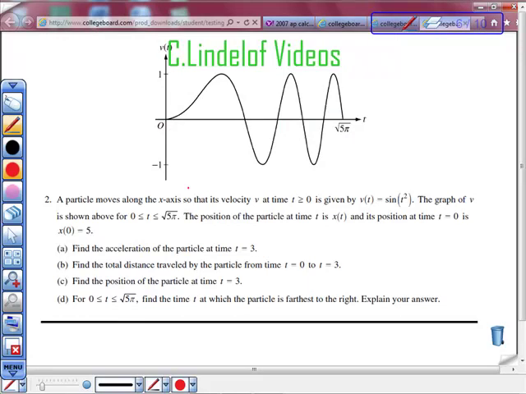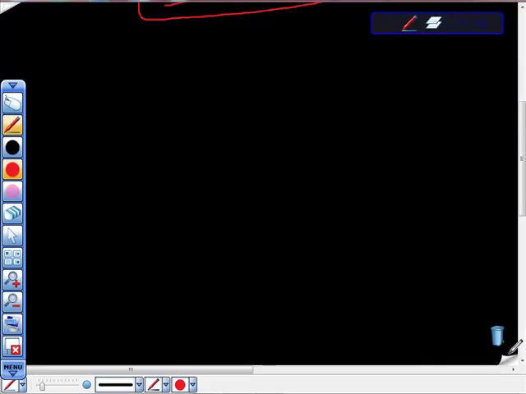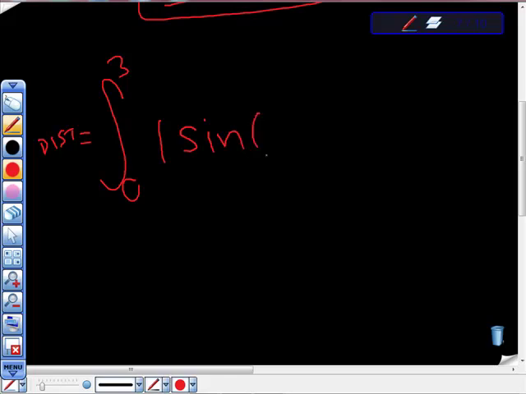Going to our second question: find the total distance traveled by the particle from time t equals 0 to t equals 3. This gives us 2 points, 0 and 3, where it starts and where it ends. So we're going to find the definite integral from 0 to 3. Distance is equal to the definite integral from 0 to 3 of the absolute value of sine of t squared dt.